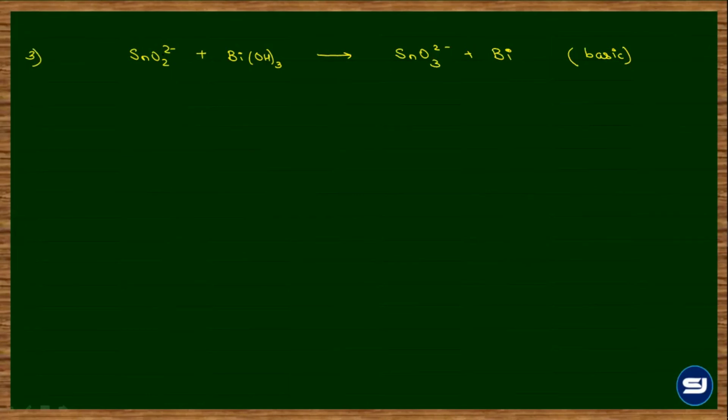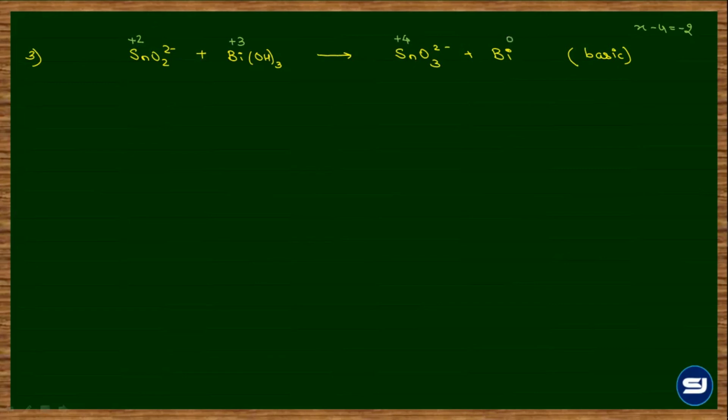X minus 4 equal to minus 2, so x will be equal to plus 2. Bismuth would be plus 3. Sn in this species will be plus 4, and Bi will be 0.